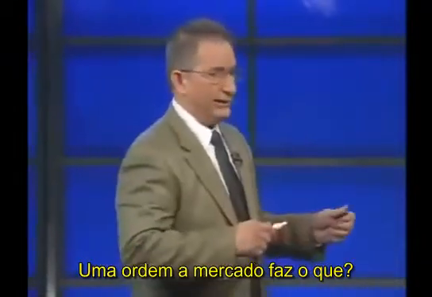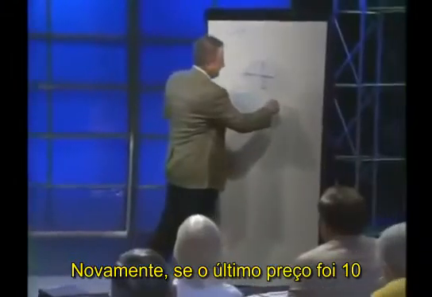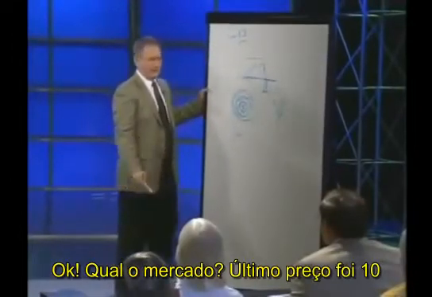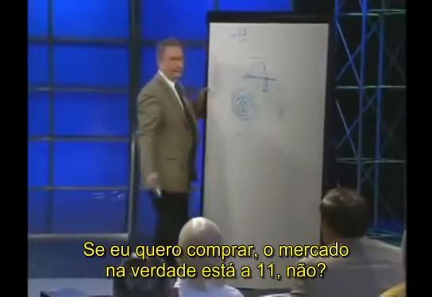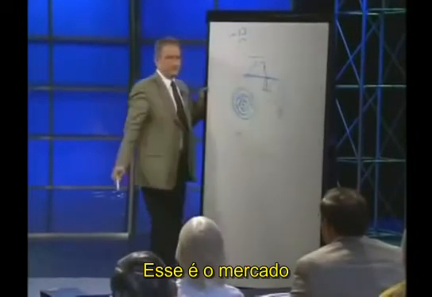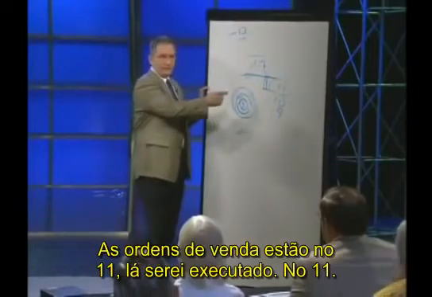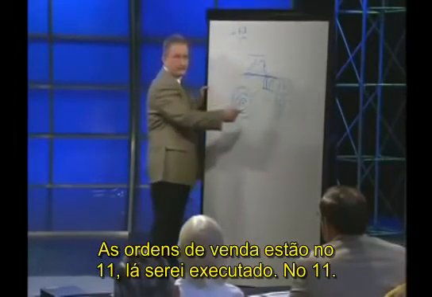Because a market order does what? If the last price is 10, we've got 9 and 11. What's the market? The last price is 10, but if I want to buy, the market's actually 11, because that's where the offers are. So I'm going to get filled at 11.